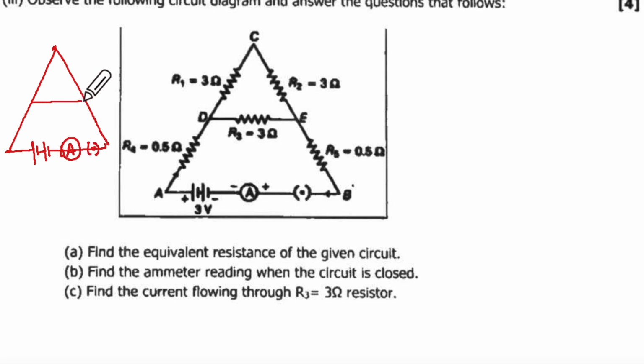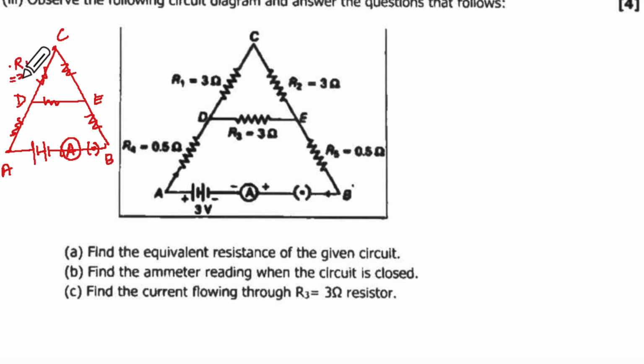Then call this A, this B, this D, this E, this C, and just put zigzag like this, because nobody is going to give you marks for drawing the diagram. Okay, so this is R1.